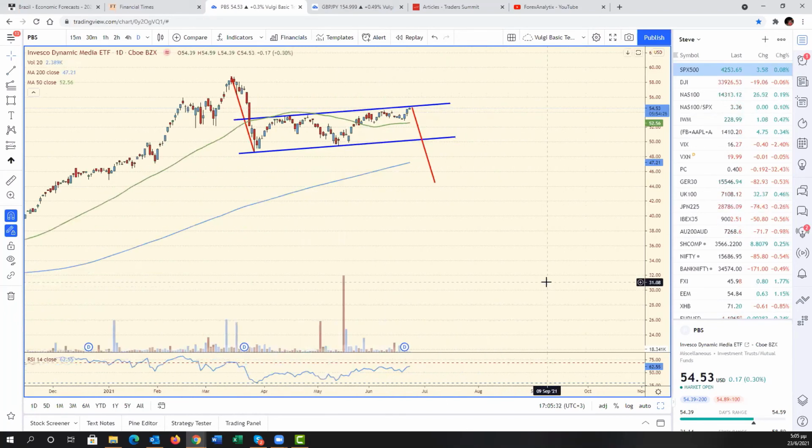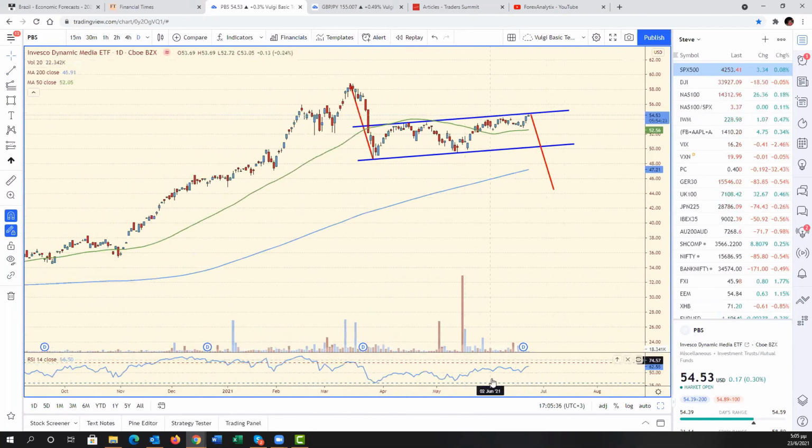And we're currently at resistance, so quite a nice risk-reward ratio. RSI also not really frothy, clearly below 70. I think there is at least one more leg missing to the downside in this one, in PBS.